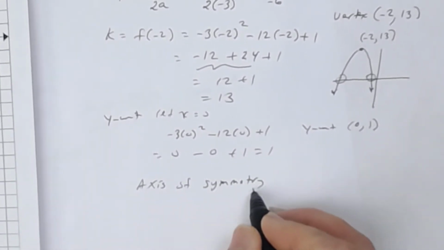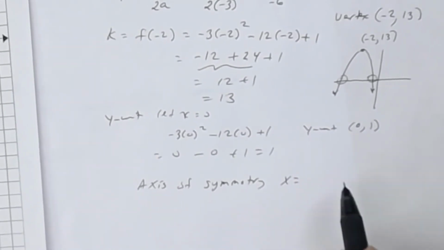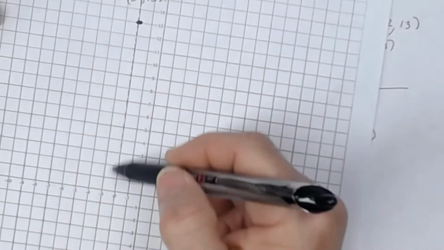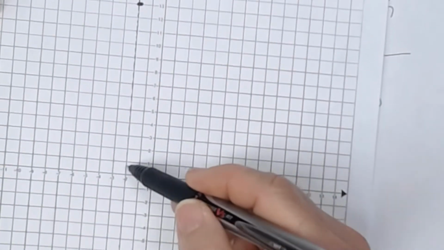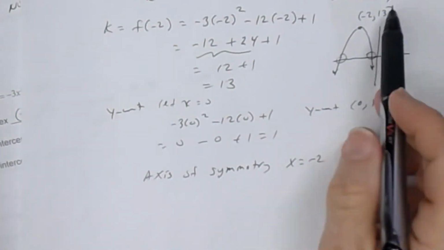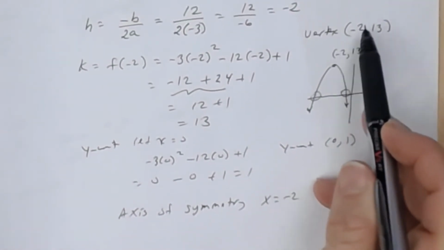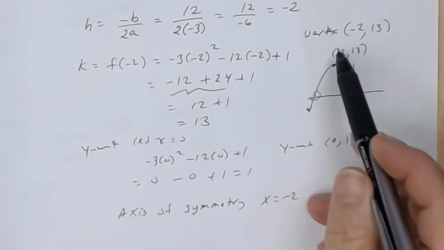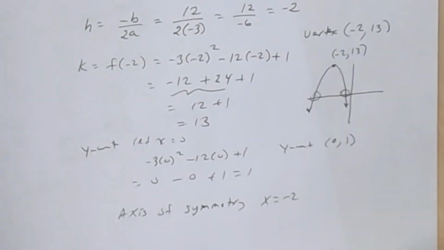And remember how to name a vertical line. It's x equals. Notice that this vertical line is at negative 2. So it's x equals negative 2. It's actually the x-coordinate of your vertex.